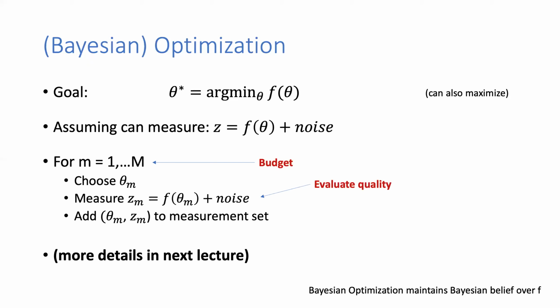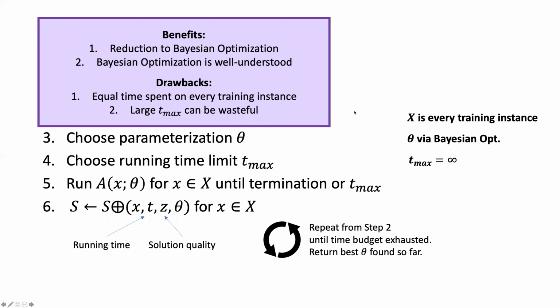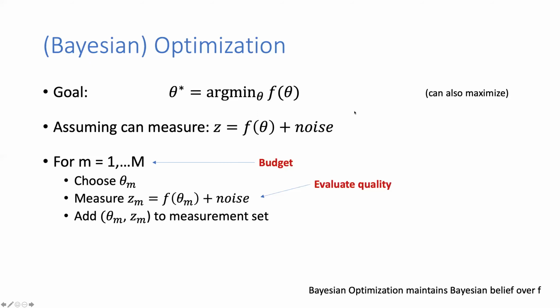And we assume that the budget is atomic. So every time we measure a z, it uses 1 unit of budget. Even though some instances might be easier than others and take less time, we assume that it uses a single instance. And that's why we can reduce the previous problem, which I'll just go back to, excuse me.